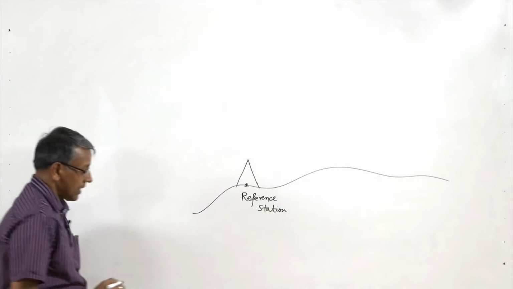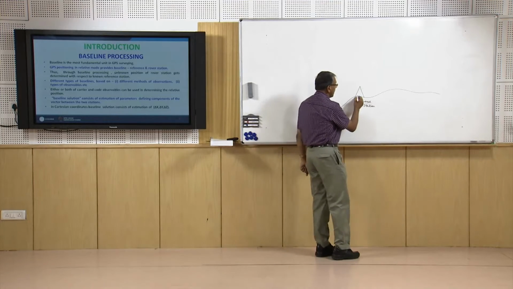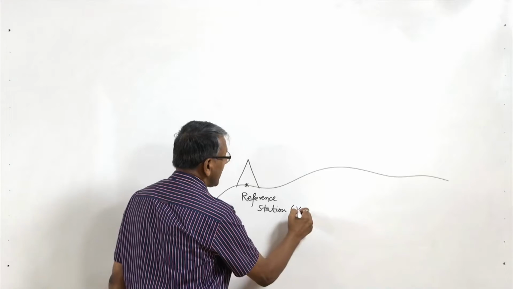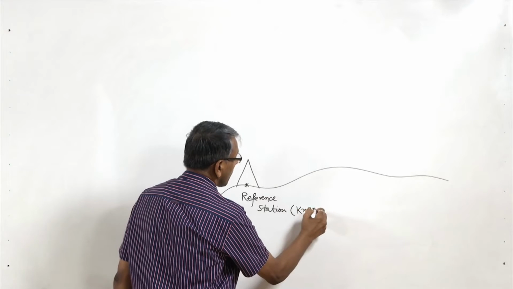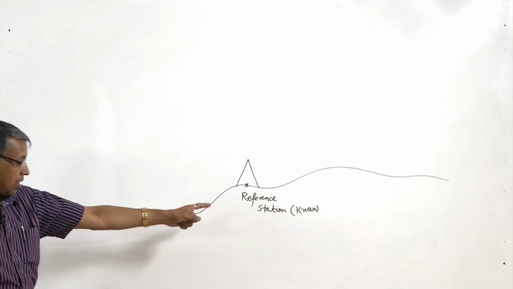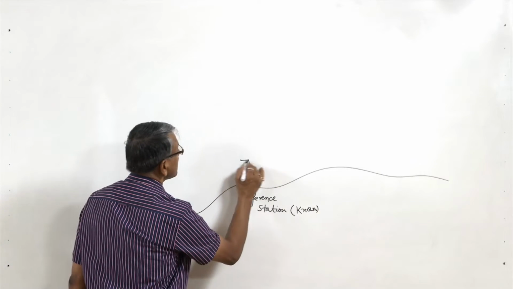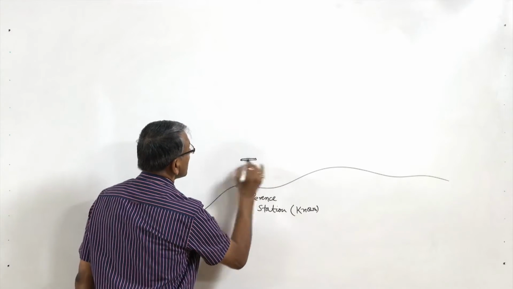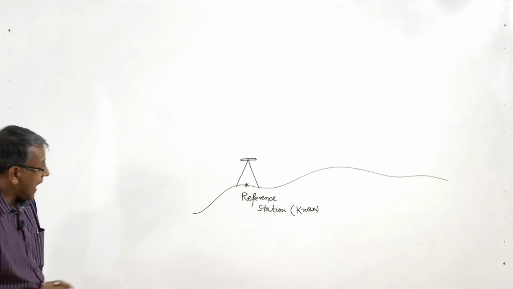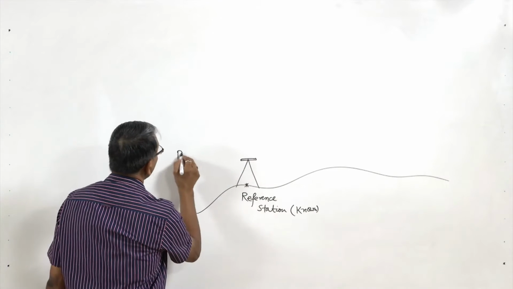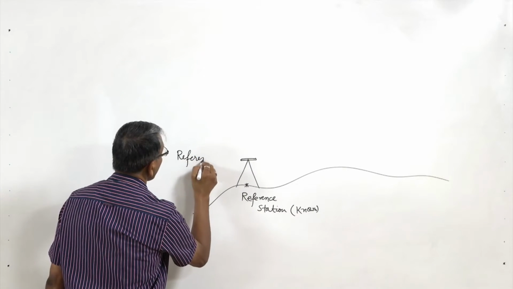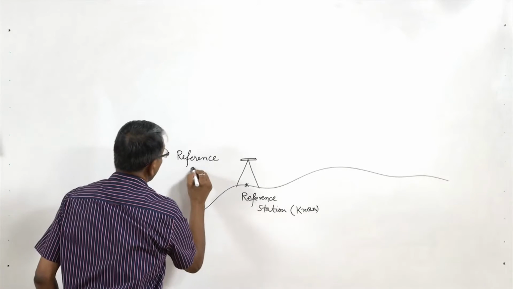That means the location of this point is known. At this reference station we set up a GPS instrument, so it is called the reference receiver.